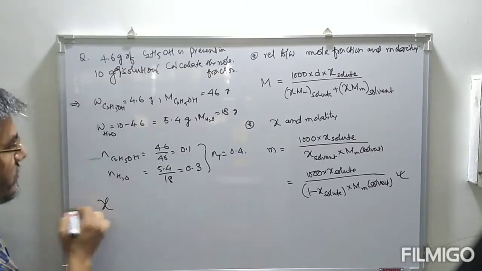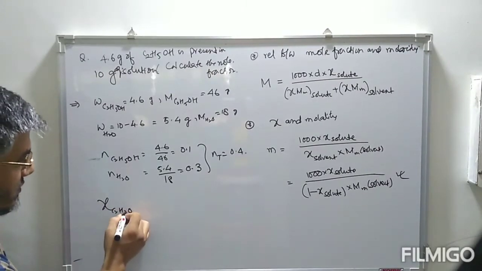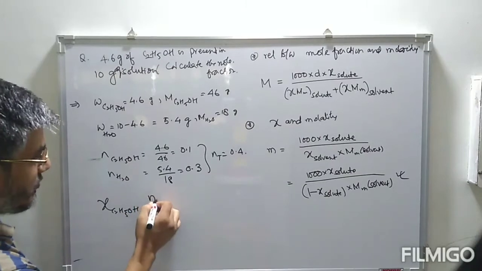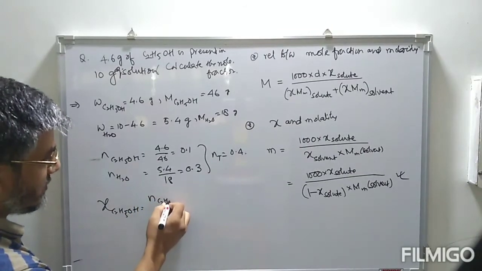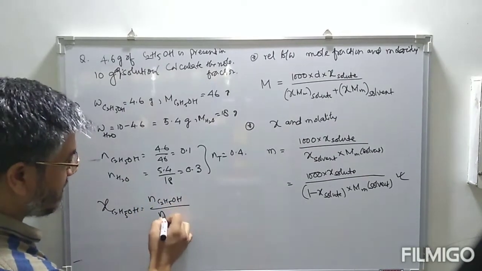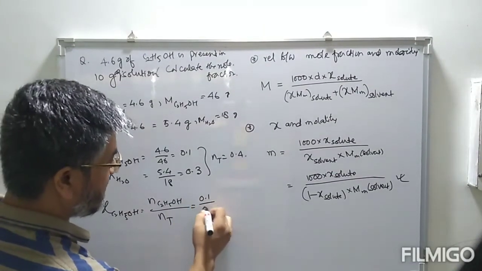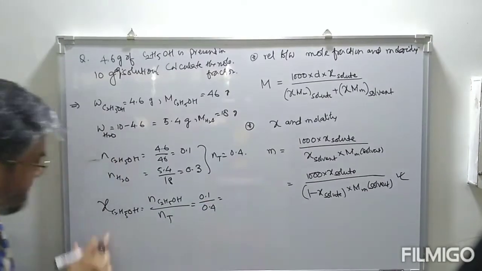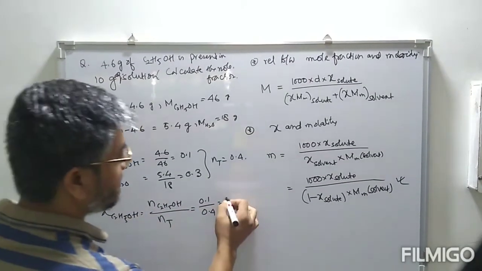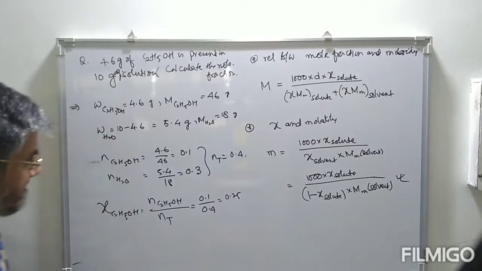Now mole fraction of ethanol is number of moles of ethanol divided by total number of moles, which is 0.1 divided by 0.4, that is mole fraction 0.25.